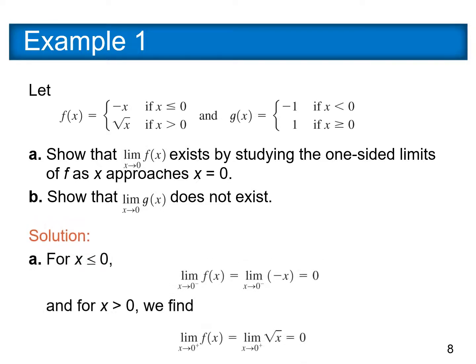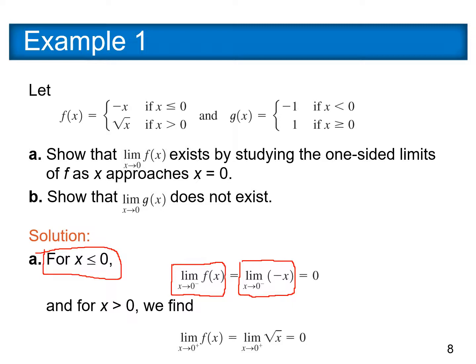For any x negative or equal to 0, I'm doing this part in red: the limit as x approaches 0 from the negative side, that's why you see the minus x there. I just substituted the formula with minus x, because when x is negative I have to use minus x.